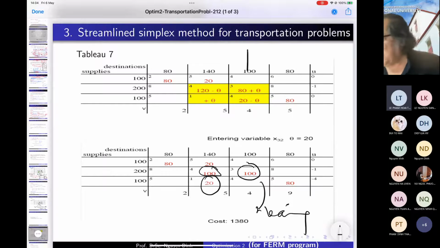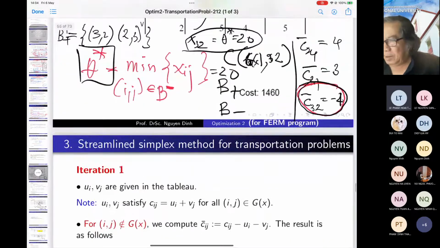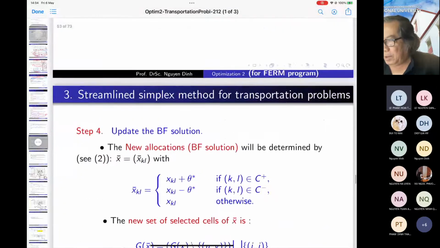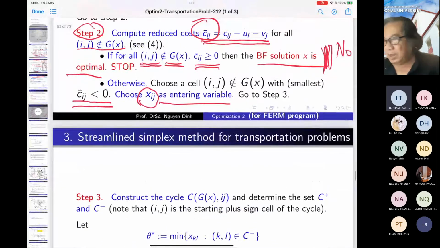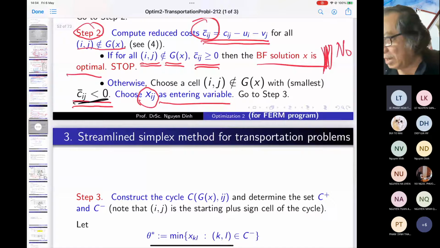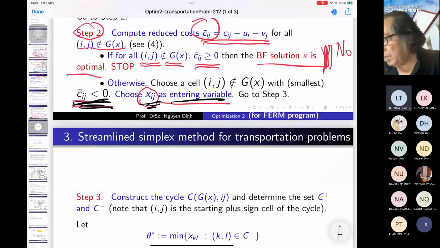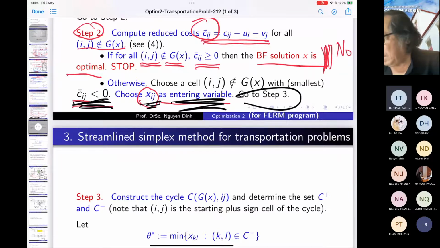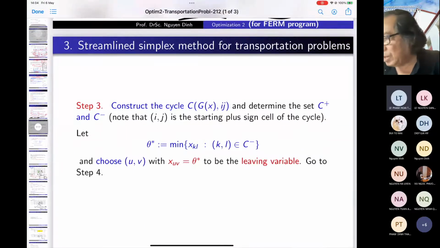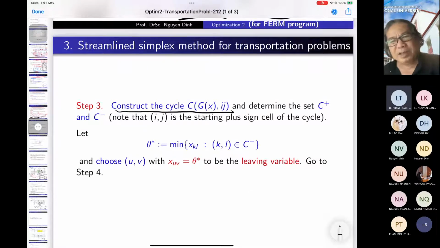So now we come back to the algorithm. You see, if you have C bar ij less than 0, then Xij, of course, is the entering variable, and we go to step 3. What is step 3? Step 3 is here: construct the cycle for C bar ij.